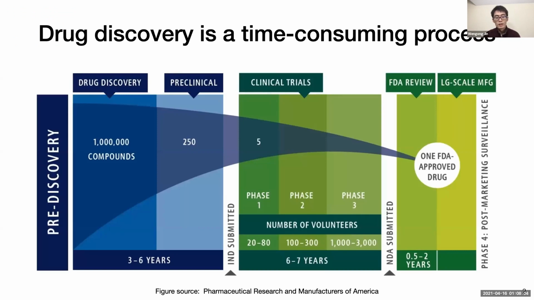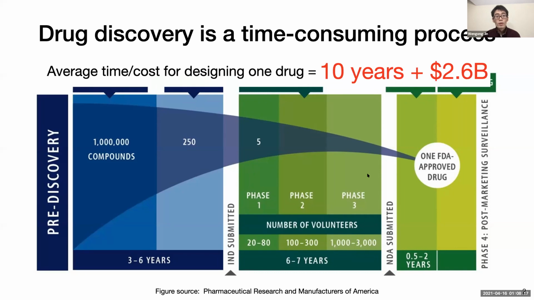Drug discovery is a very time-consuming process. It takes more than 10 years for a pharmaceutical researcher to actually identify a new drug from millions of drug candidates. The average time for designing a drug is around 10 years, and the cost is around $2.6 billion.